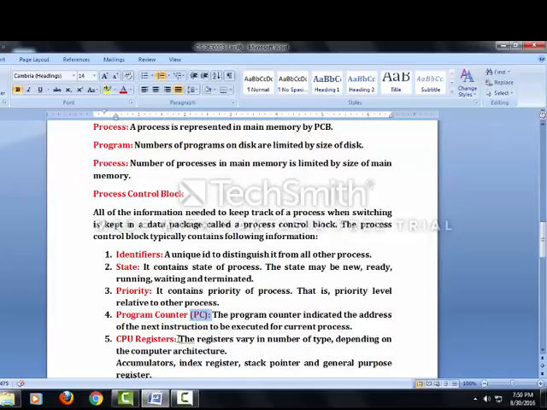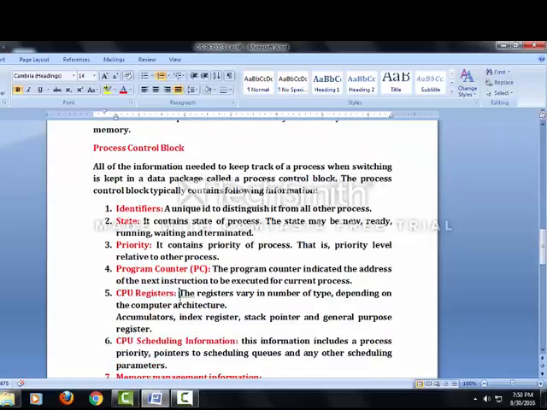CPU registers. It is also possible that at the time of execution a process may use different registers of the CPU. It is a very fast storage device. Every processor has its own internal registers which are used by the CPU itself for better utilization of the CPU. It is very fast memory.